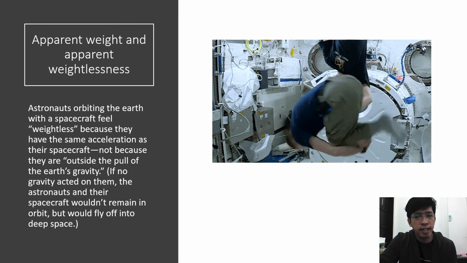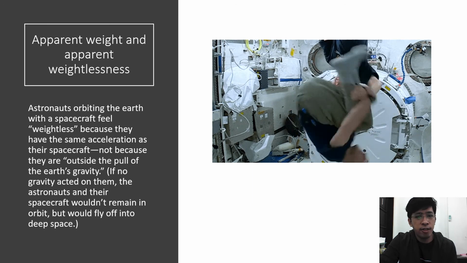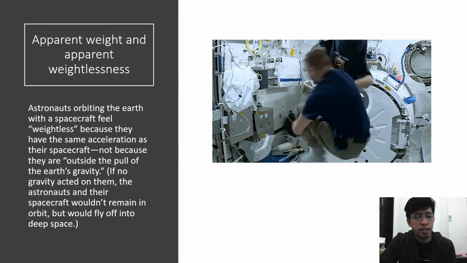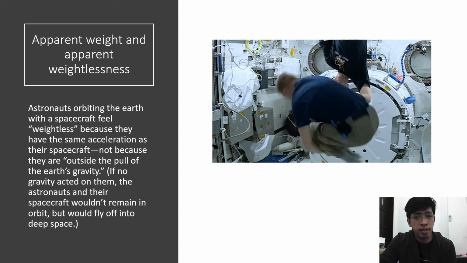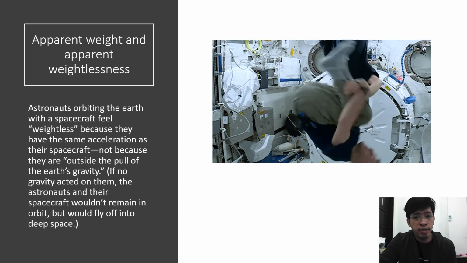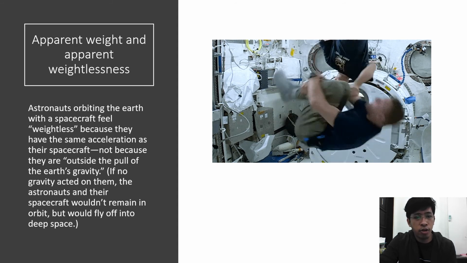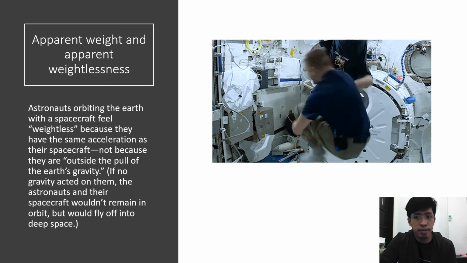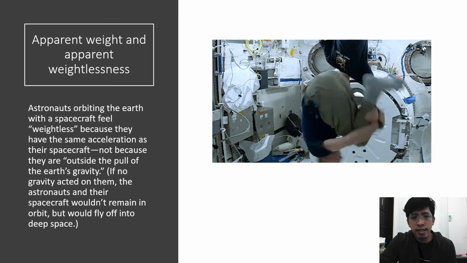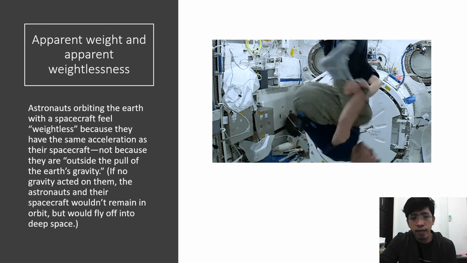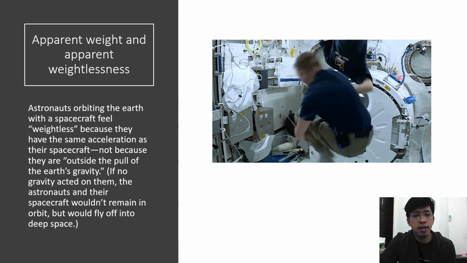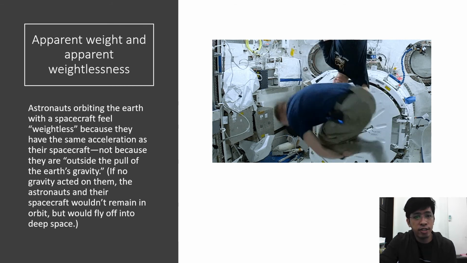Earth. Astronauts orbiting the Earth in a spacecraft feel weightless because they have the same acceleration as their spacecraft, not because they are outside the pull of the Earth's gravity. If no gravity acted on them, the astronauts and their spacecraft would not remain in orbit but would fly off into deep space. So orbiting satellites are still under the influence of gravity, and if there are astronauts there, say for example in the space station, the astronauts have the same acceleration as their spacecraft.